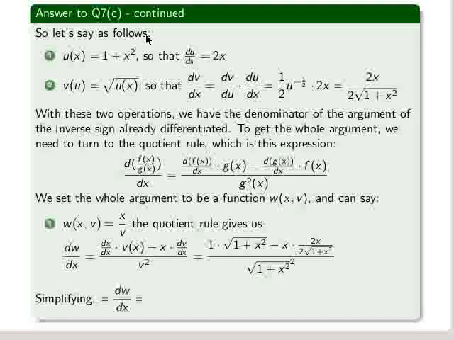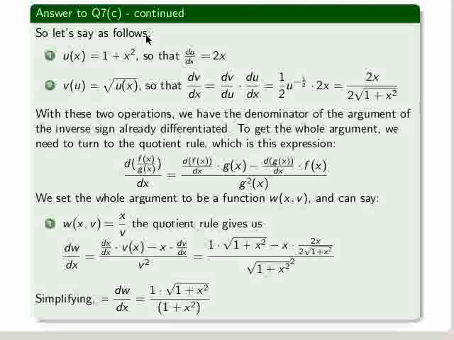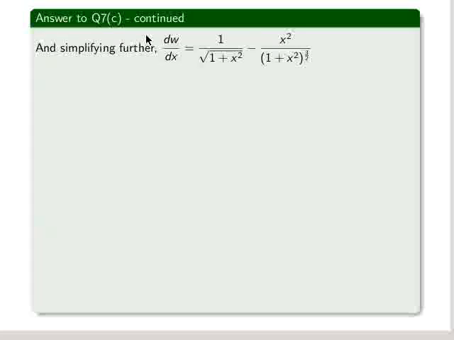So we can go ahead and simplify, so that dw dx equals the first term, which is the square root of 1 plus x squared, all over 1 plus x squared. That looks nice. And then that has to be subtracted by that expression there. So we simplify further, which is possible.